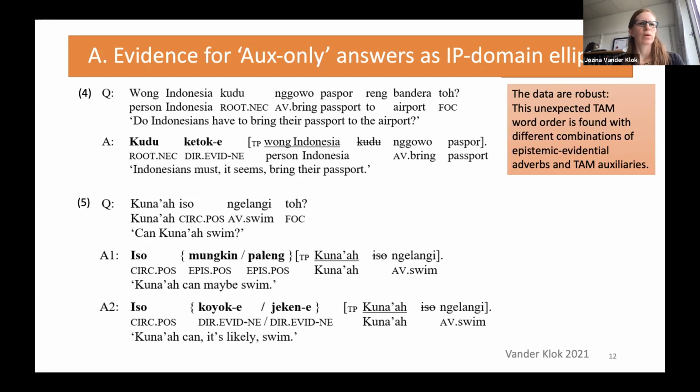In 4, we have the root necessity modal have to or must, which occurs above the direct evidential adverb kedoe. In 5, we have the same example as before, but with different adverbs: the same modal, iso, but with epistemic possibility modals, mungkin or paling, as well as other evidentials, koyo e jikane.